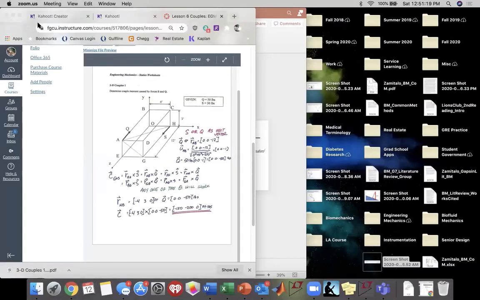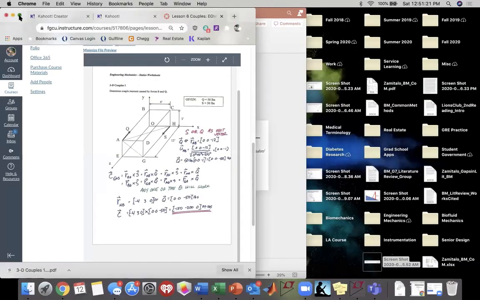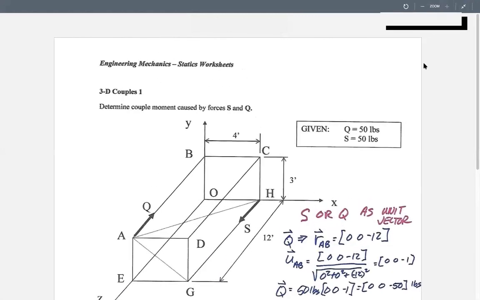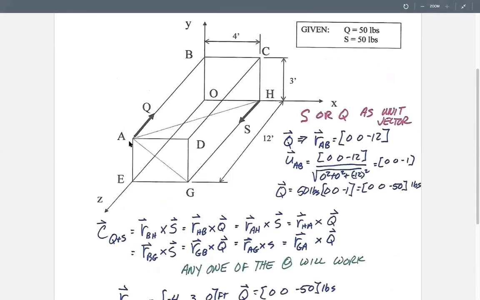So let me come here. So this problem, right? Let's see. Zoom in. Okay, so here Q and S are equal magnitude, check. Opposite direction, check. Parallel, check. Right? So if you look at what O'Neill wrote here, it kind of tells you which force to use when.